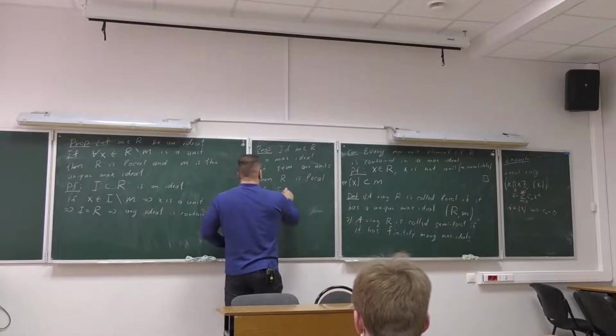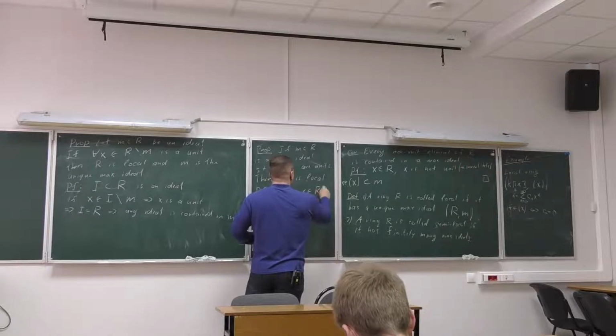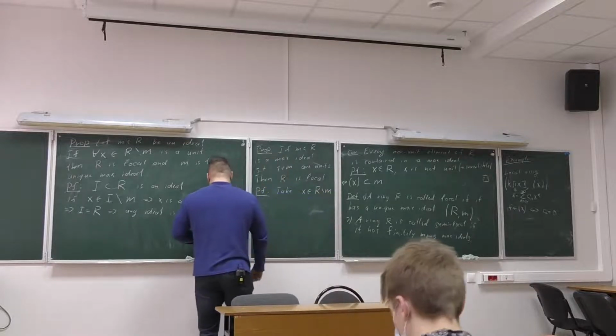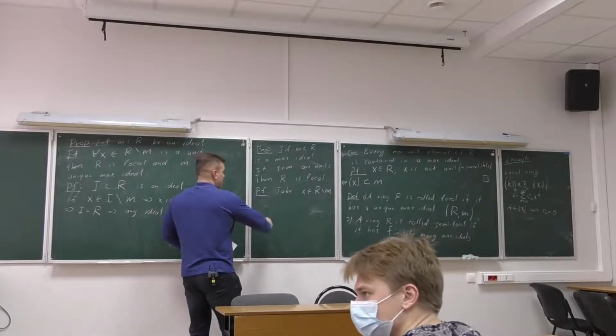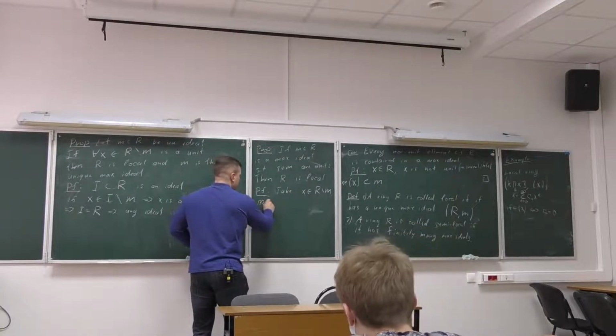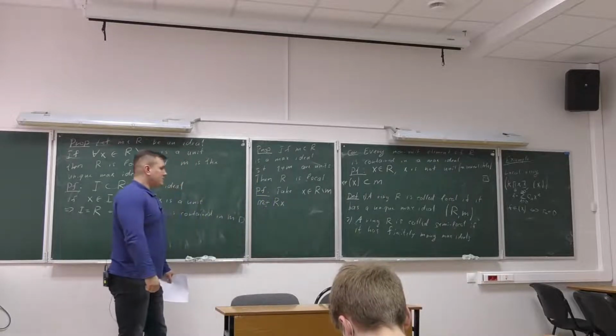Of course, with the unique maximal ideal, which is this M. Again, we take some x which is in the complement to the maximal ideal. Since this is the complement to the maximal ideal, I consider the new ideal, which is M plus the ideal generated by this x.